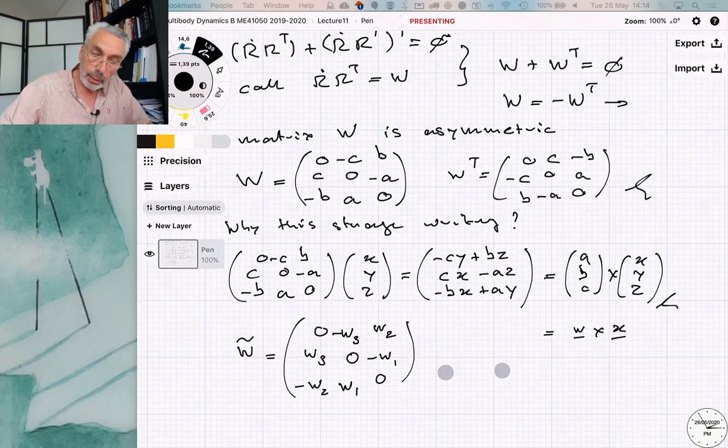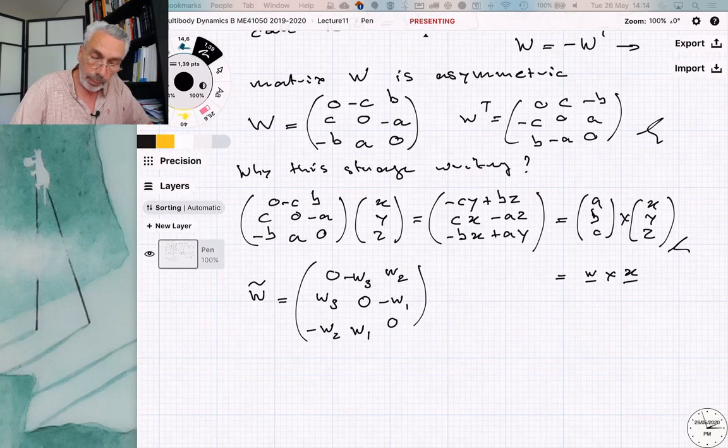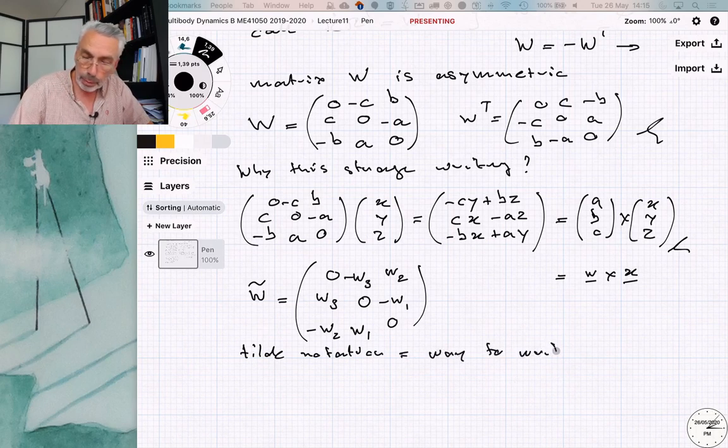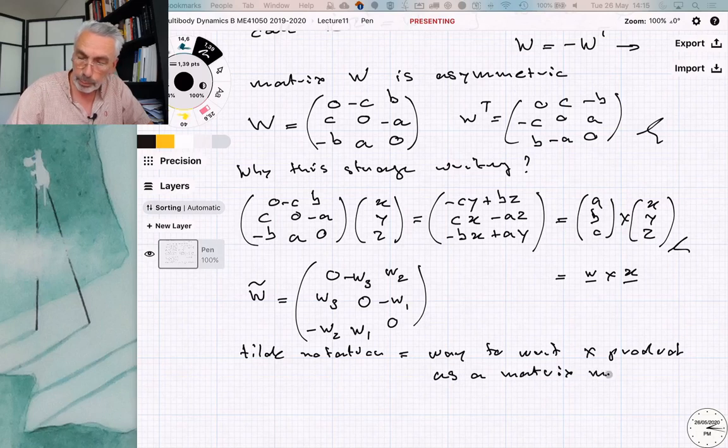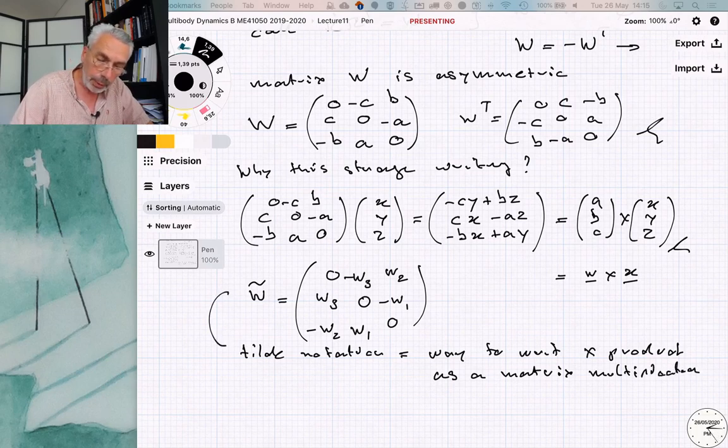Tilde notation is a way to write vector cross product as a matrix multiplication. So that's this tilde thing.